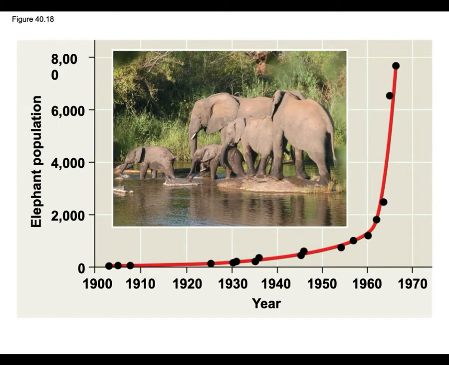And we can see this in some populations. So when we look at the elephant population in Kruger National Park in Africa, really low population of elephants due to predation and poaching, you would start to implement conservation measures, protected land, protecting the elephants themselves, and also reducing predation from other organisms.